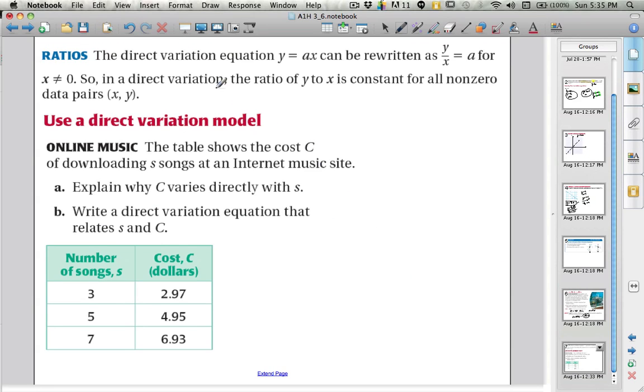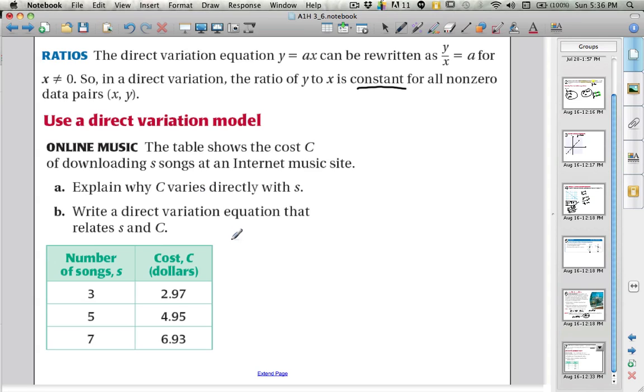If we take a look at using the direct variation model as a ratio, by dividing this equation by X, I can get Y divided by X is equal to A. Now it's not in the direct variation model, it's in a model to solve for the constant of variation. But the ratio of Y to X will always be a constant for all non-zero data pairs.